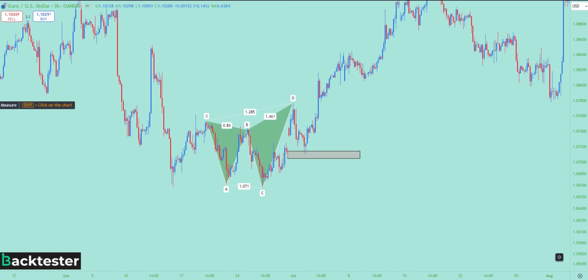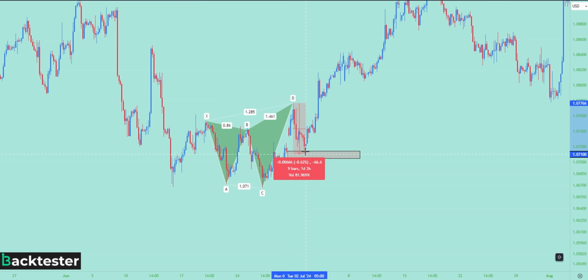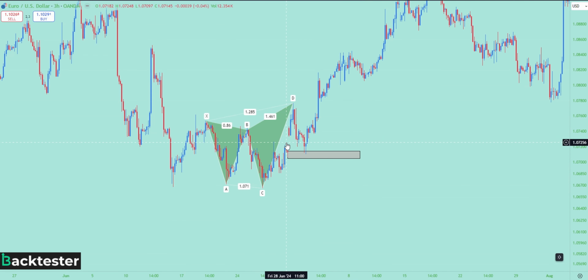So this is the Euro USD 3 hours chart. In this case we got a nice pullback for 1 day and 6 hours for 62 pips. Not bad at all considering this very obvious trade.